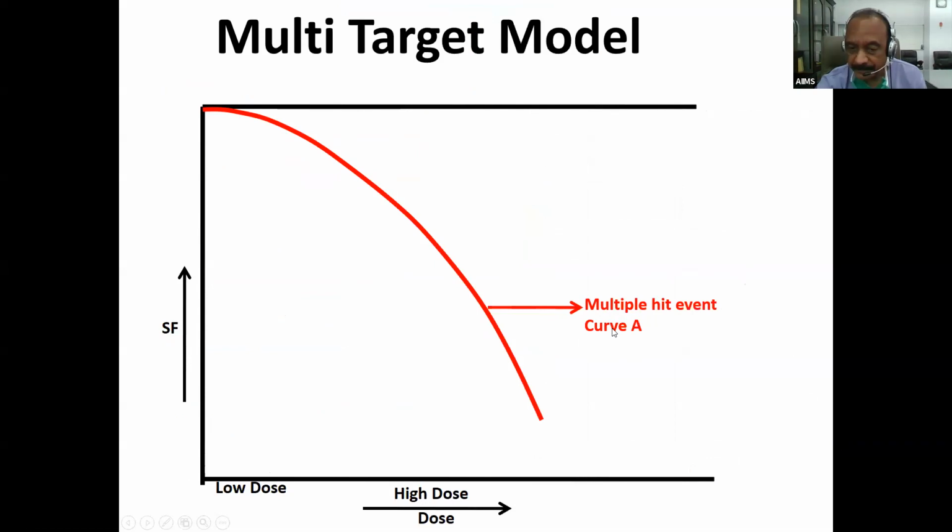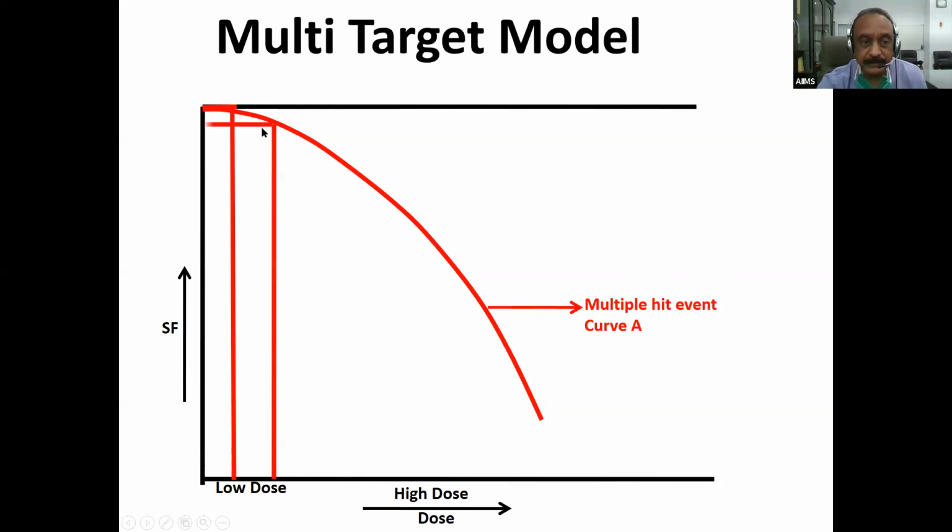Let us call it curve A. Now if you concentrate on the low dose region, is there any reduction in survival fraction because of multiple hit event? Answer is no, there is no gap. When you increase the dose, yes, now there is contribution by multiple hit event. When you further increase the dose, the contribution increases. So this will continue; as you keep on increasing, the contribution by multiple hit event keeps increasing.